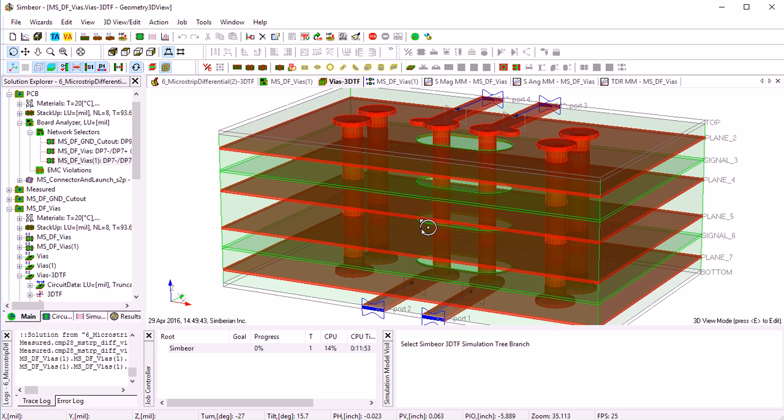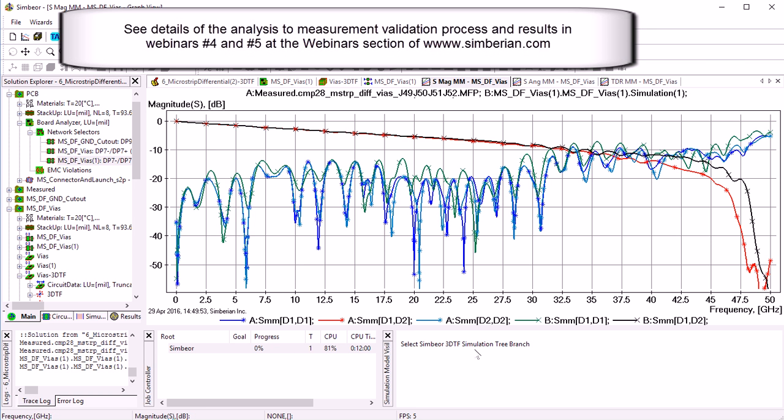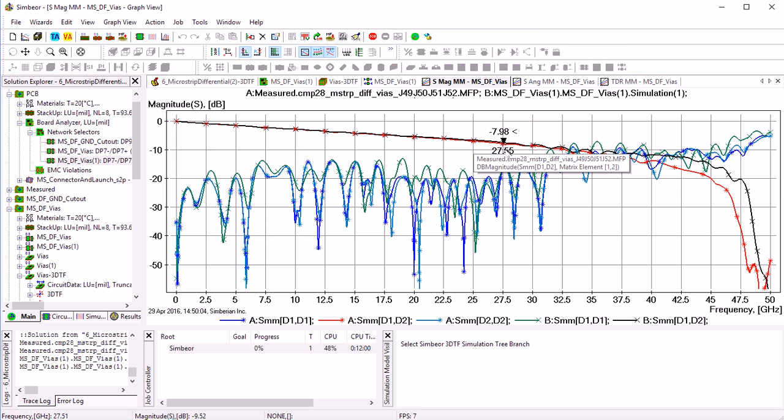It is very important that Simbeor is validated with measurements, and here we can see how the measurements correspond to the analysis. Curves A are measurement and curves B are simulation, and this is magnitude of the reflection S11 as differential reflection and differential transmission or insertion loss.